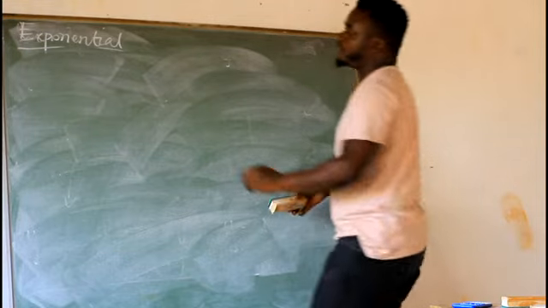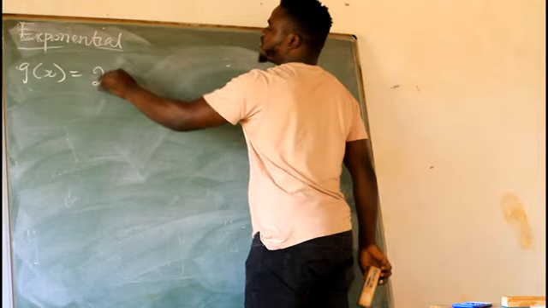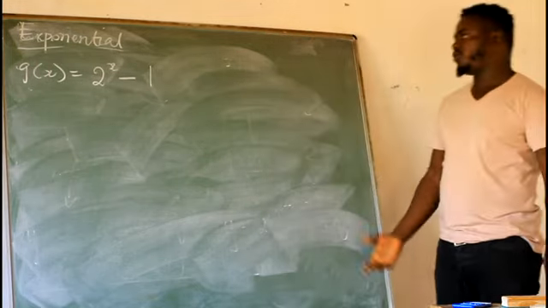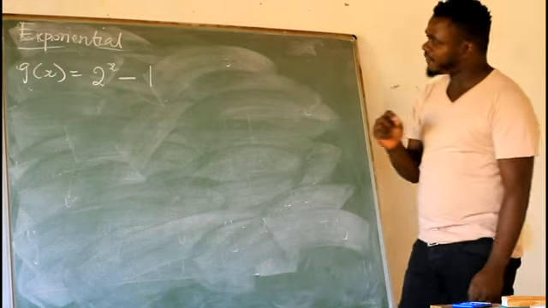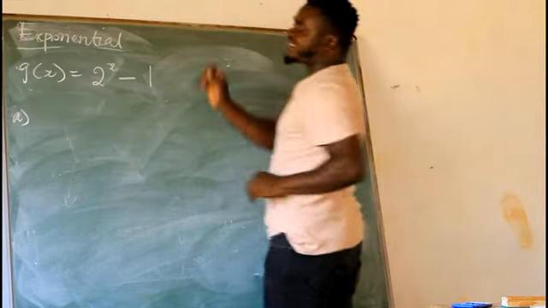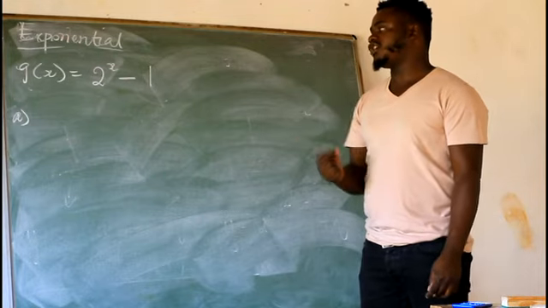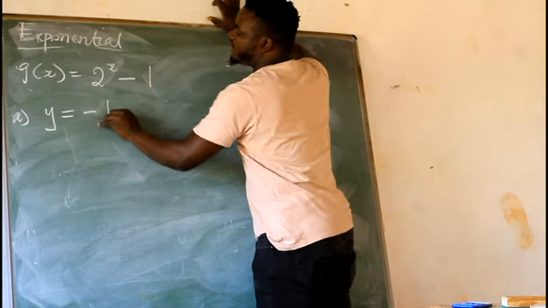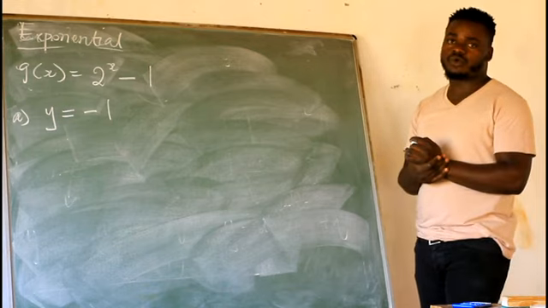Then for example, let us say you are given g of x equals 2 to the exponent x minus 1. The question can come and say sketch the graph. Guys, whenever you sketch the graph, you must always remember that you need to have the asymptote, and the asymptote needs to be in the form of an equation. Therefore, the asymptote is going to be y equals negative 1. That is the equation of the asymptote.